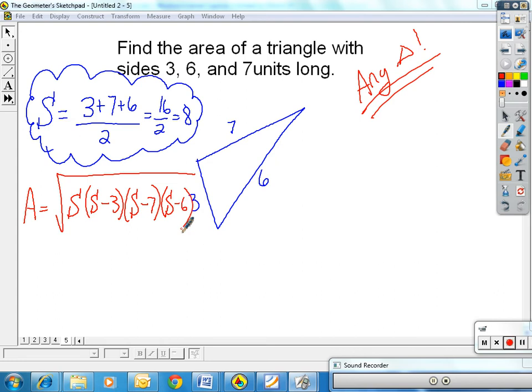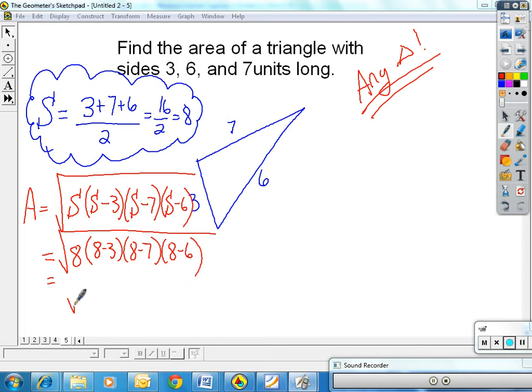Those are the side lengths of my triangle. So I'm going to take 8 times 8 minus 3 times 8 minus 7 times 8 minus 6 and evaluate. That's the square root of 8 times 5 times 1 times 2, which is the square root of 8 times 5 is 40, times 2 is 80.